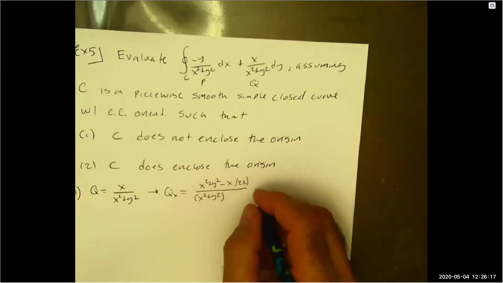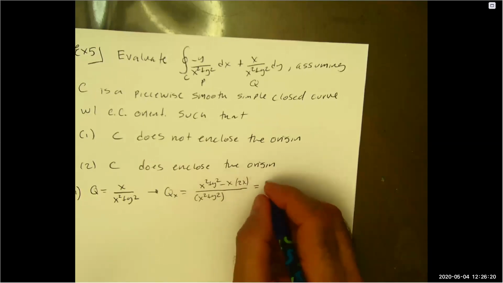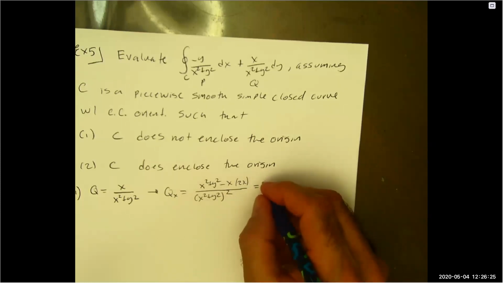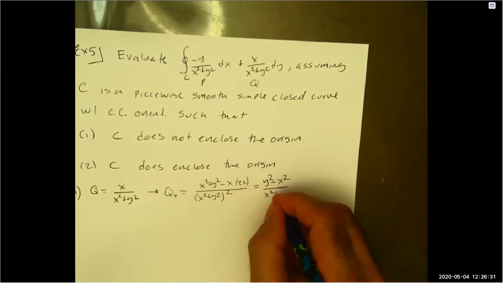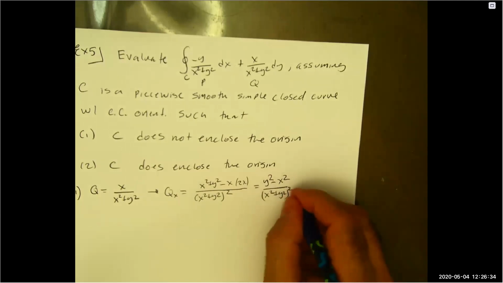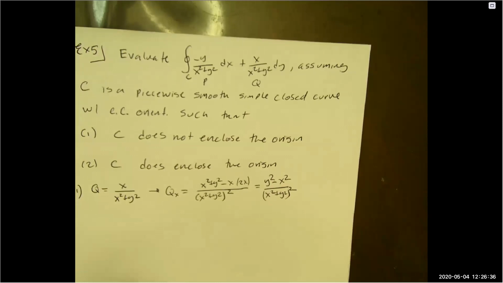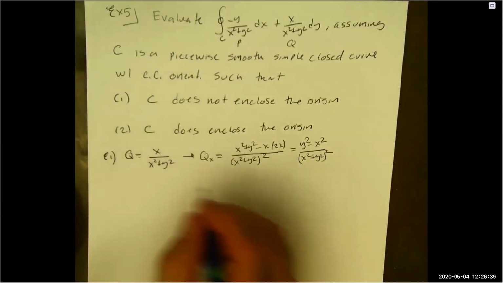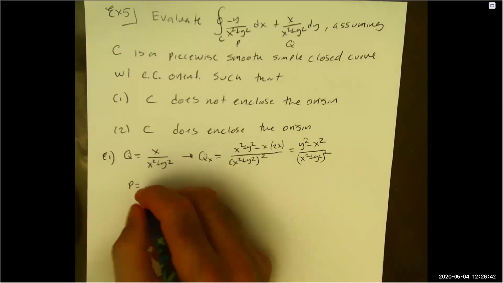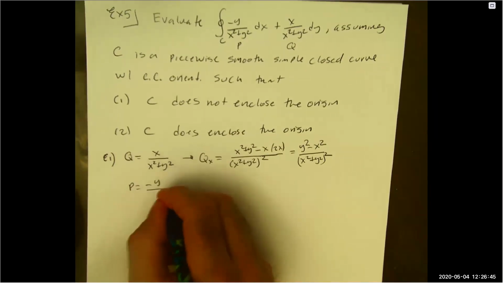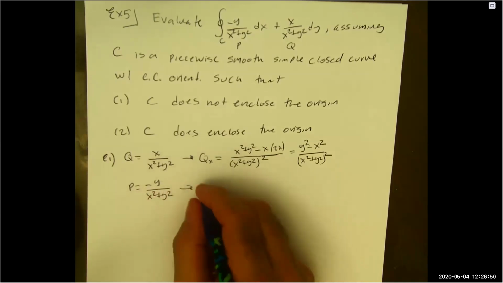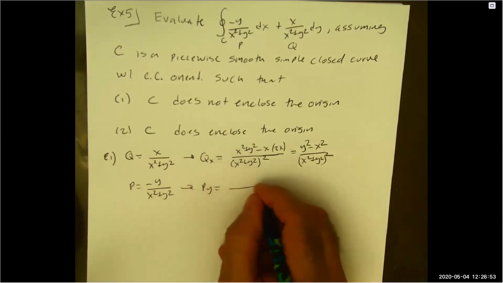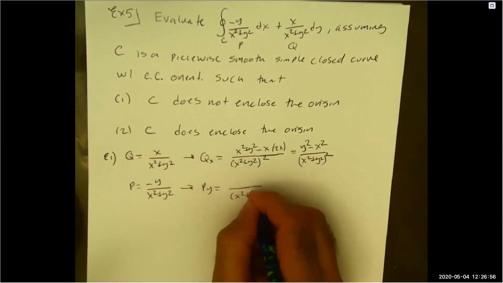And so what that's going to give me is y squared minus x squared over x squared plus y squared, squared. So we have that. And if we calculate, P is equal to negative y over x squared plus y squared. So now let's calculate Py. Again, we're going to square the bottom, square the denominator.